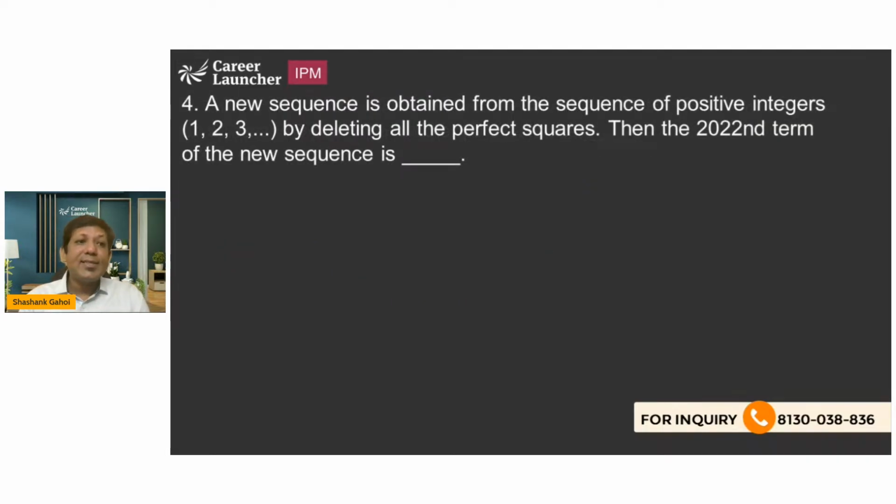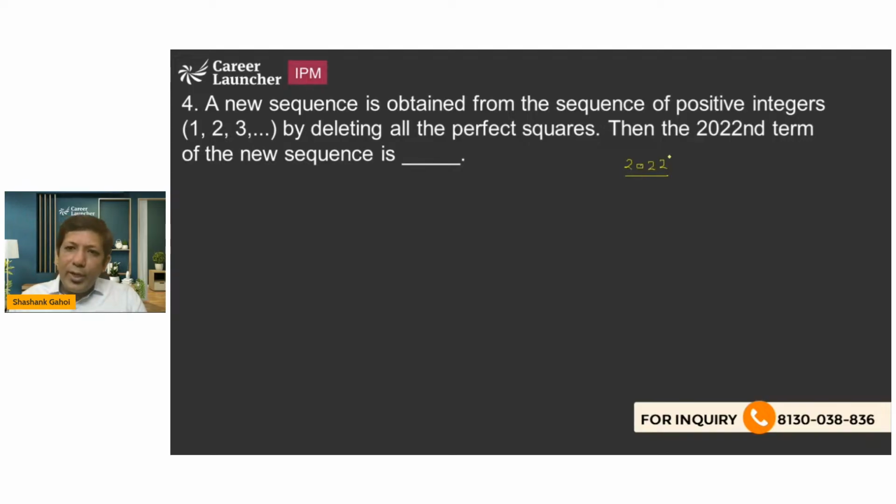What does it say? The new sequence is obtained from the sequence of positive integers 1, 2, 3 by deleting all the perfect squares. Now the question is simply saying: we have to go up to the 2022 term, and we have to remove all the perfect squares in between.